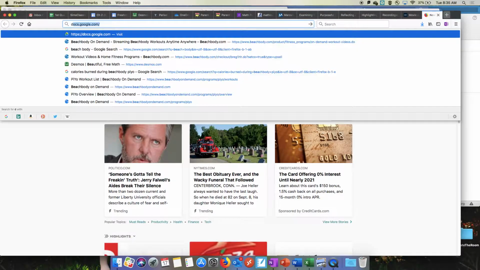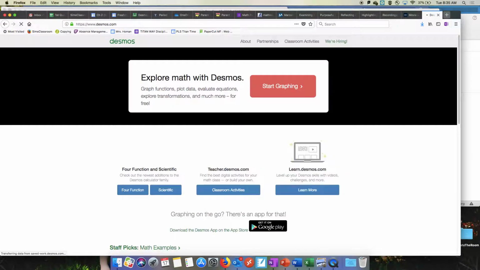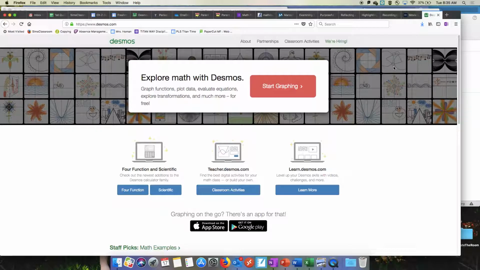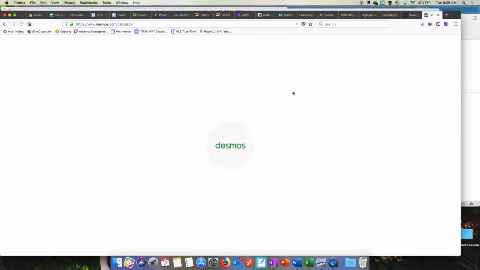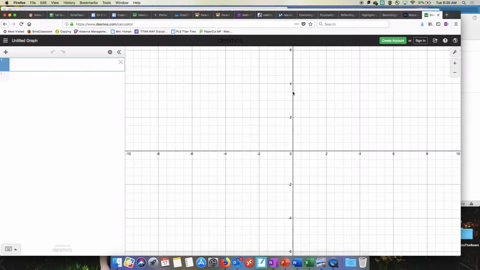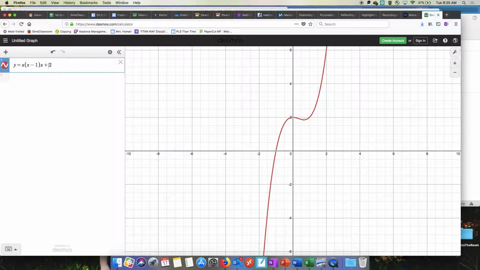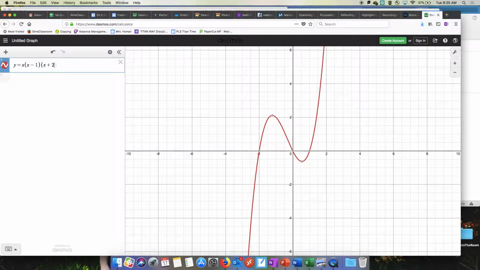When you go to Desmos.com, it's going to look like this. And you just need to say start graphing. And then you can type in your polynomial. So y equals x times x minus 1 times x plus 2, etc., etc. Okay, so type it in like you see it.